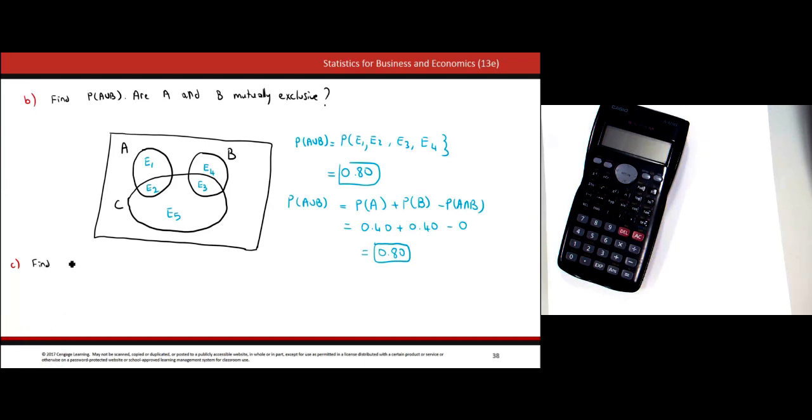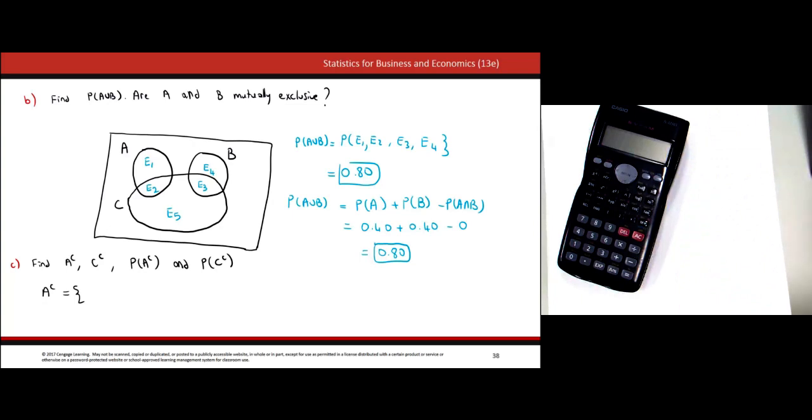How about A complement, C complement? What is probability of A complement and probability of C complement? A complement, all sample points that are not in A. Which ones?